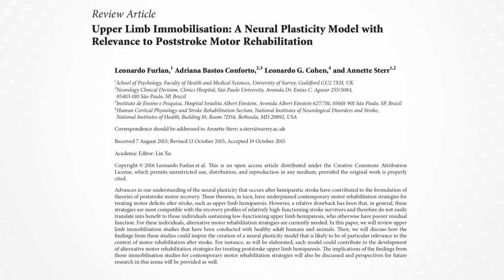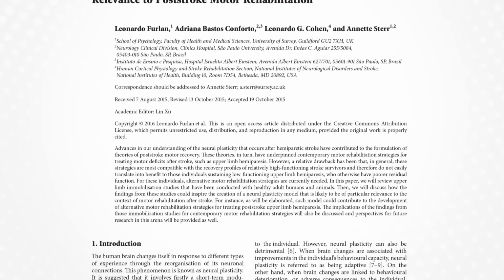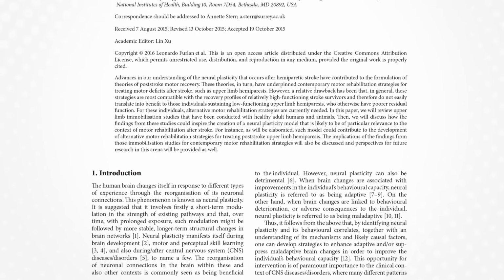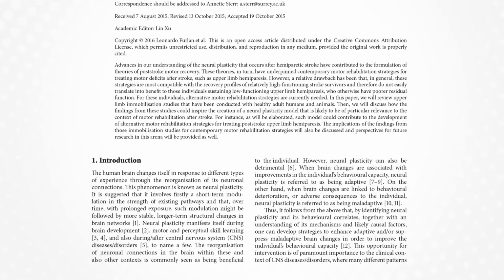Interesting little tangent before we get into how we've used some of the literature on immobilizing the uninvolved side of the arm as we look at potential new models for neuroplasticity for arm rehabilitation post-stroke. In this paper, the authors also looked at what happens when we immobilize an involved arm. So what they did is they immobilized an involved arm in both people that have had a stroke and healthy individuals.